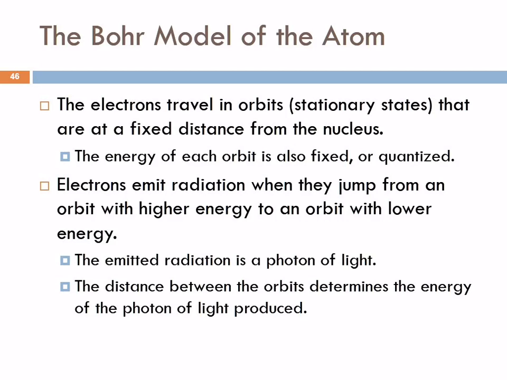The energy of each orbit is quantized, just like stairs or rungs on a ladder. The electrons will emit radiation when they jump from an orbit with a higher energy to an orbit with a lower energy. That energy has to go somewhere. It gets spit out as a photon of light. The distance in energy between the orbits determines the amount of energy that's emitted.